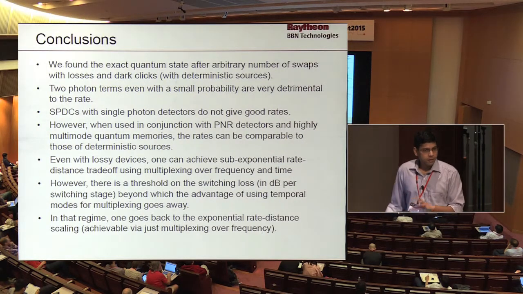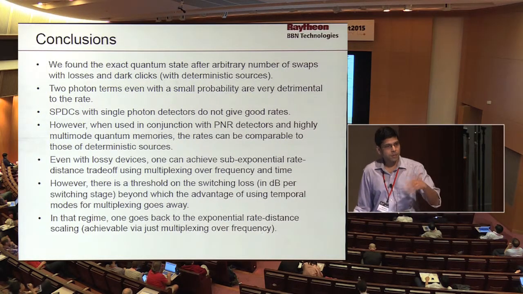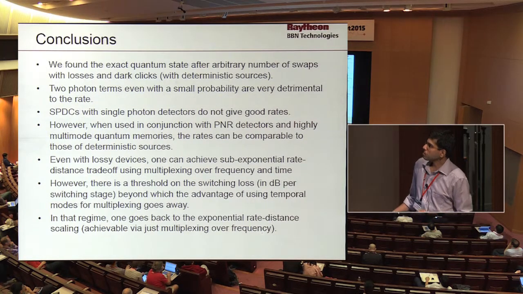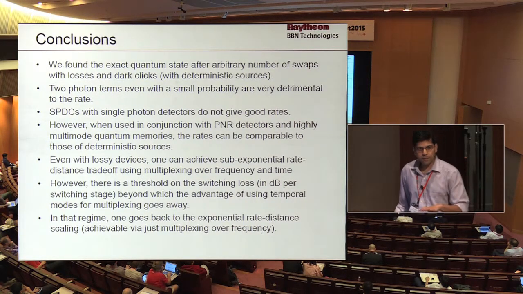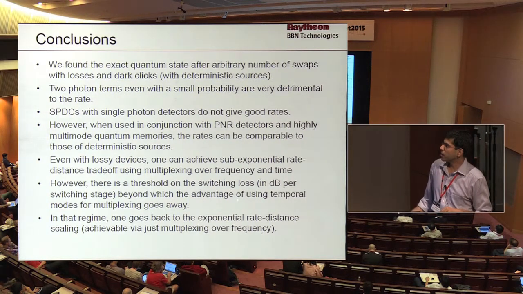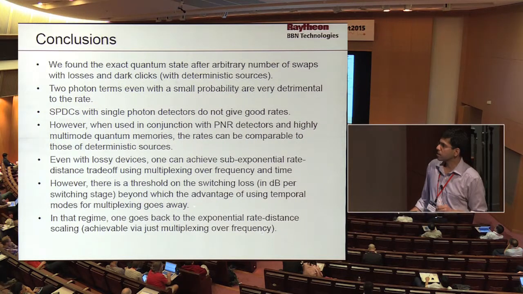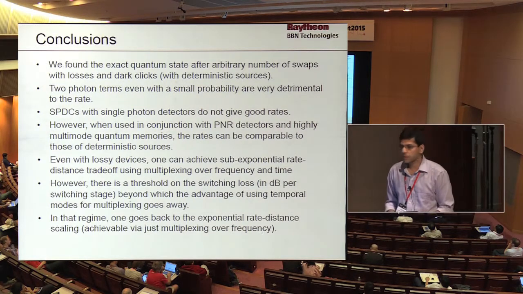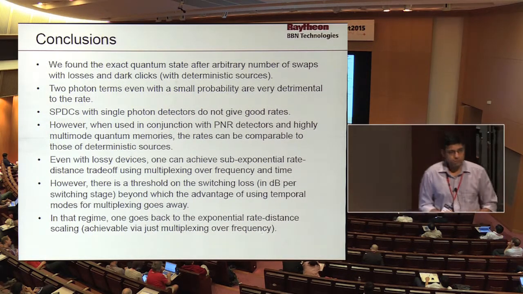And it turns out that they actually give you back the rate if you can multiplex a little bit higher. And finally, with lossy devices too, you can get sub-exponential rate loss scaling if you can use time modes. But with switching loss, again, that comes down, and we are now working on how to find out what threshold of switching loss it can tolerate. With too much switching loss, it goes back to the exponential scaling. OK, thank you.